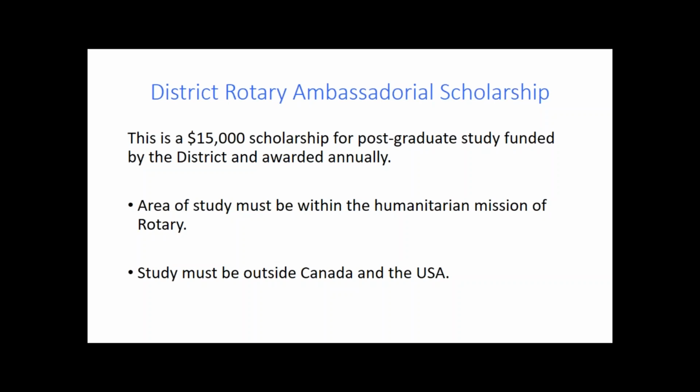One of the things we have trouble doing is getting word out about the availability of the scholarship. So if any of you know a young person who might qualify, please talk to them about maybe looking at this.